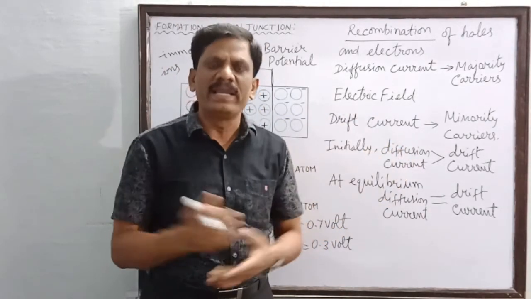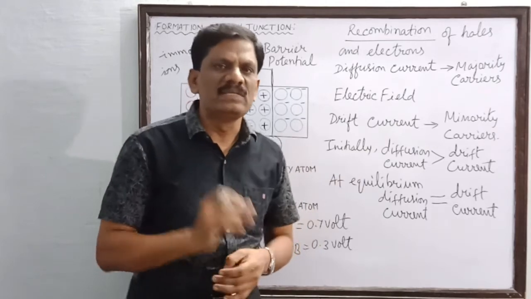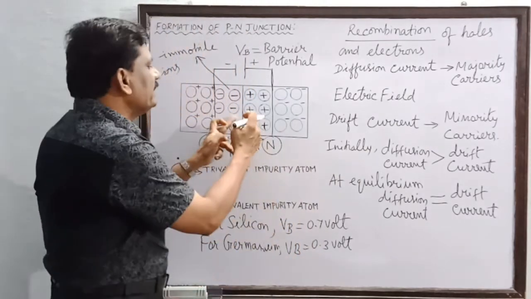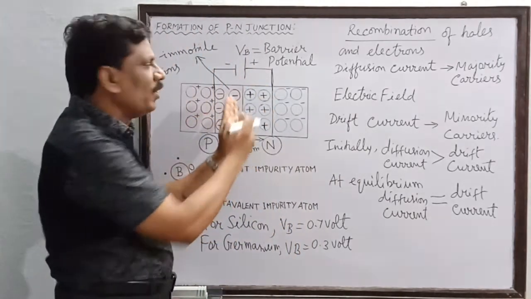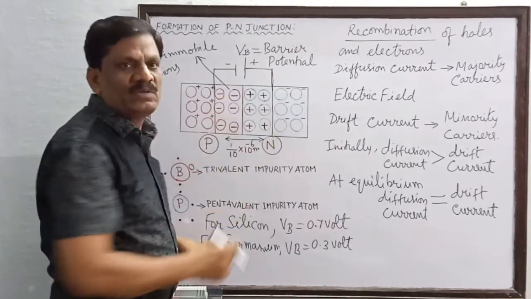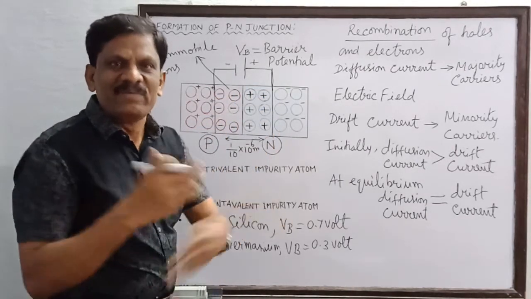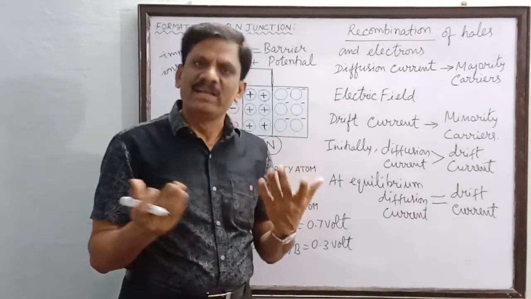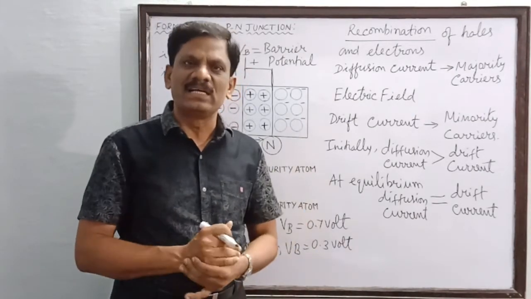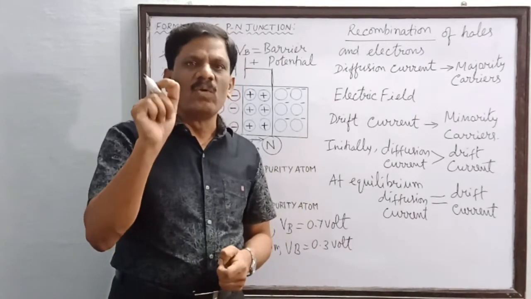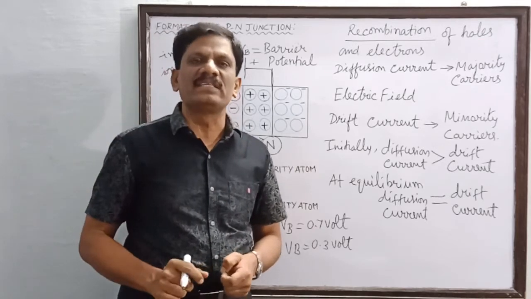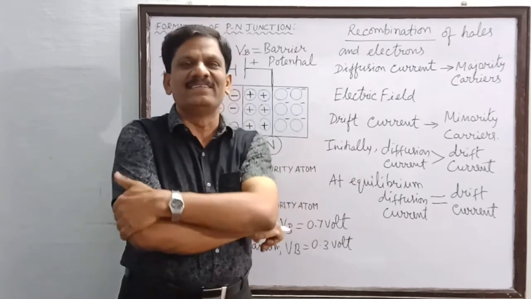No, they are immobile. They cannot move. Can you see any holes and electrons inside this region? No, because they have recombined and neutralized with each other. So there is no availability of free charge carriers in this region.